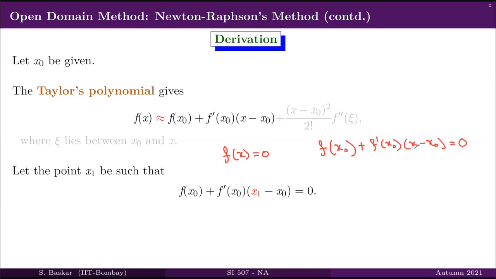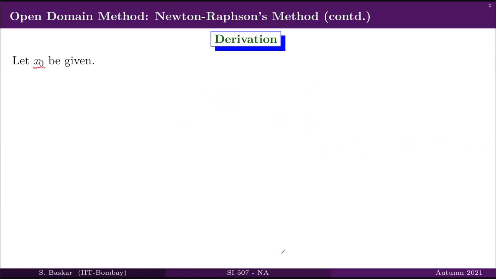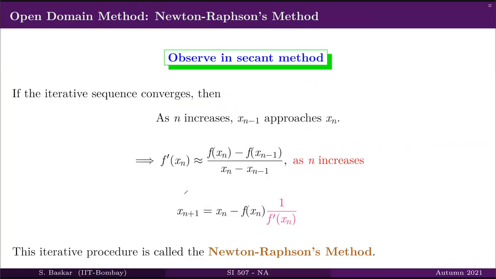Now you call the root of this equation as your first term of the sequence. That is, call it x1, and from here you can get x1 = x0 - f(x0) divided by f'(x0). This is what we have also proposed as a formula, taking the motivation from the secant method.